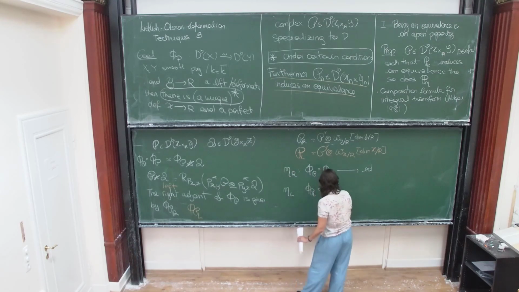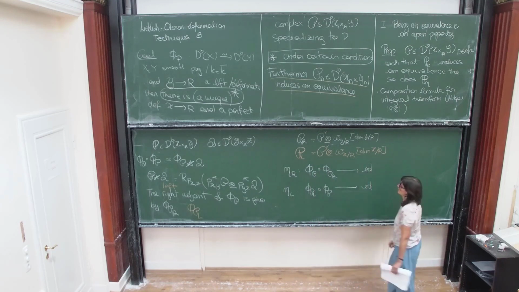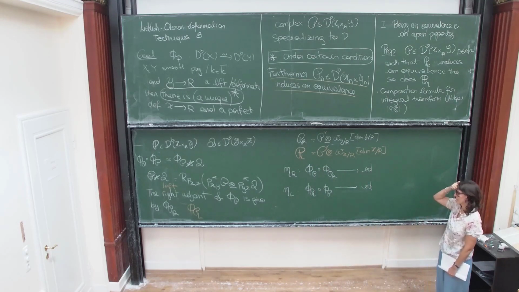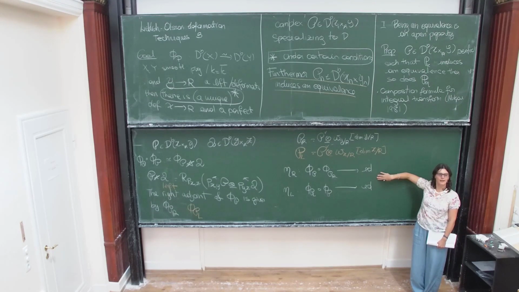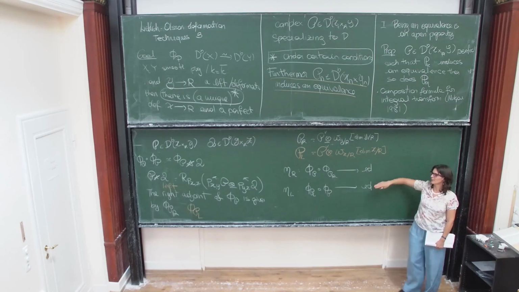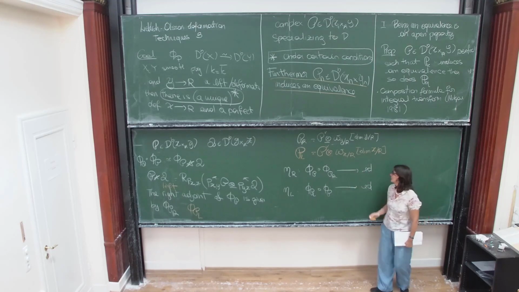I hope I didn't mix the order of the adjoints, but we have morphisms like that. And how can I read equivalence from this? So the integral transform with kernel P is an equivalence if and only if these are isomorphisms.